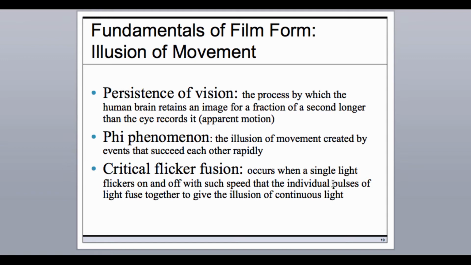Then critical flicker fusion occurs when a single light flickers on and off with such speed that the individual pulses of the light create an illusion of a different form of movement. It may be sporadic, but it's the illusion of light being continuous because of the amount of times it flickers.